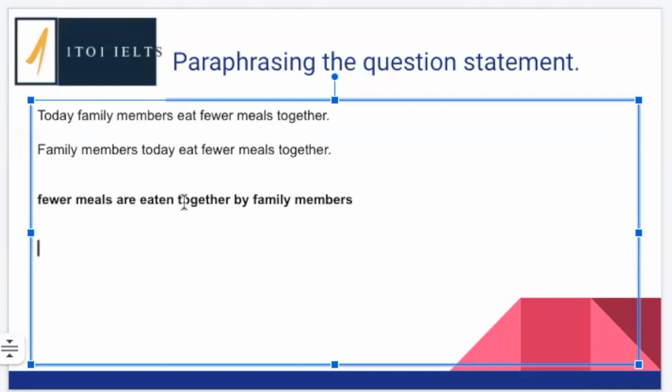Okay, well, this one, we've really changed the sentence structure. But remember, we removed today, and we can put today in the same places. We could put it in the first sentence, we could have it at the beginning, we could have it at the end, or we could have it here after fewer meals. There's three options of where we put this time expression. So, fewer meals today are eaten together by family members.